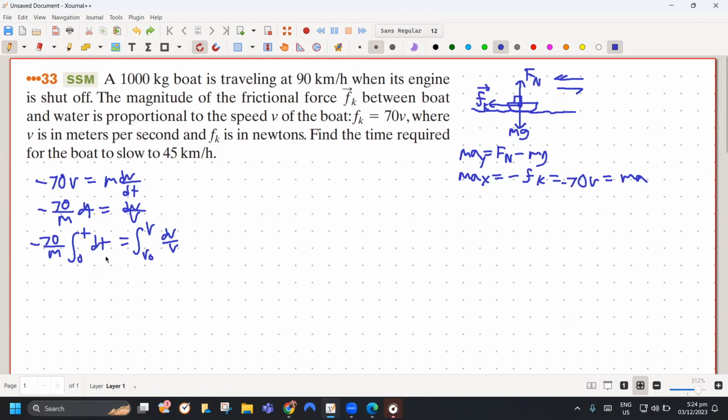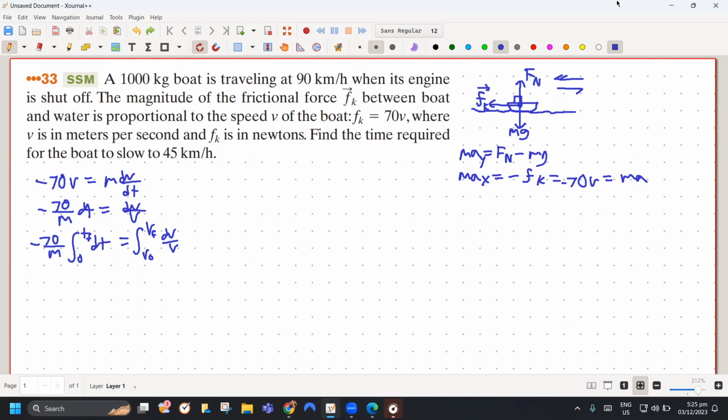Tapos dummy variable of integration na yung dt dyan. Or kung ayaw mo, T final, 0 to T final, V naught to V final, para hindi magulo. Walang TF, yung DT variable of integration yan. So wala dapat yung TF.